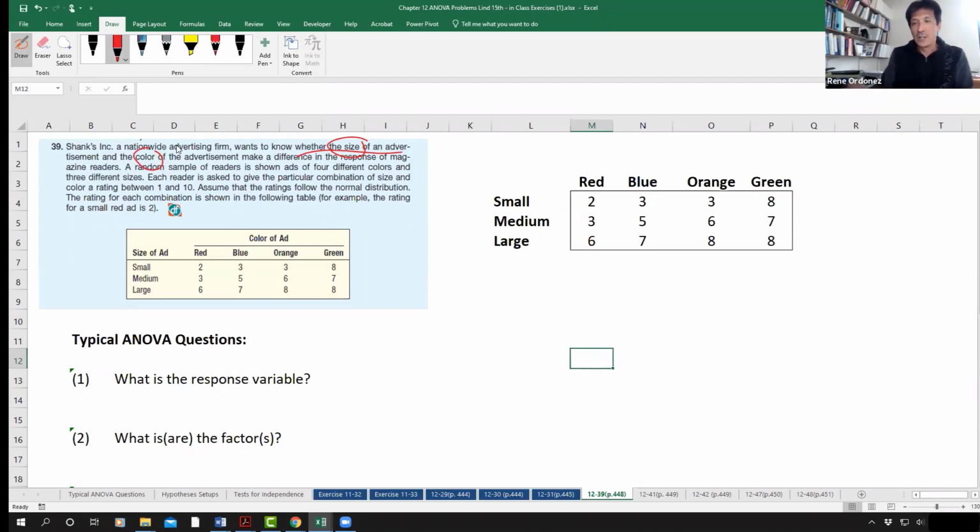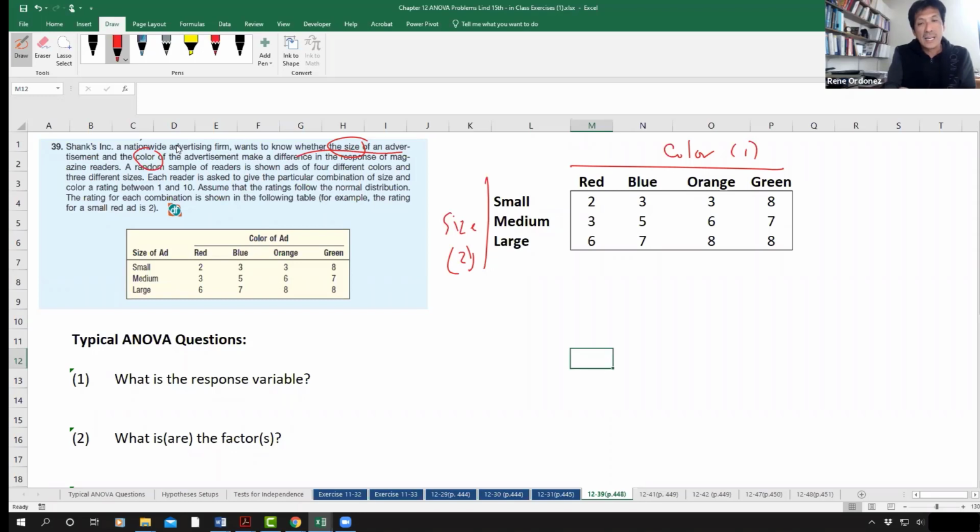You'll see over here, this is one independent variable, the color of the advertisement, and on this side, you have the size. So this is factor 1, this is factor 2. Note that both factors are categorical.